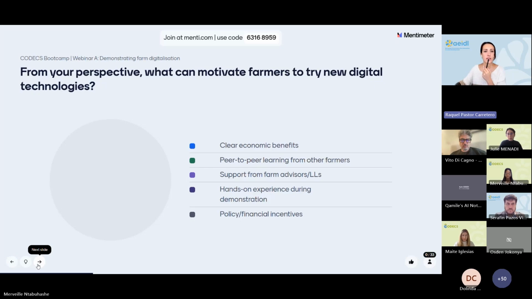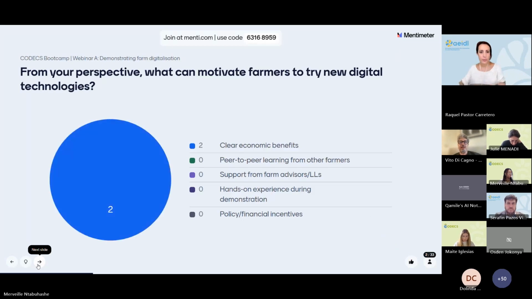From your perspective, what can motivate farmers to try new digital technologies? We have different options, you can choose only one.